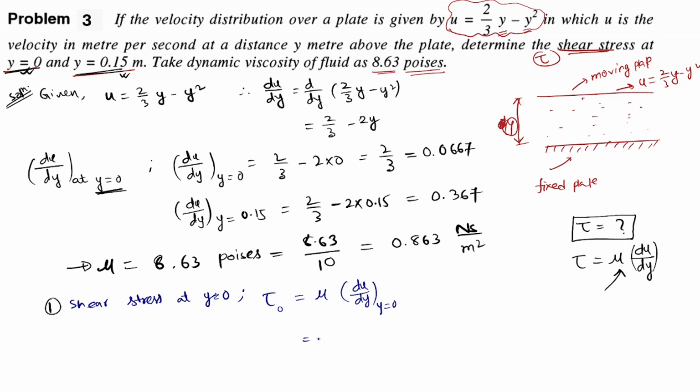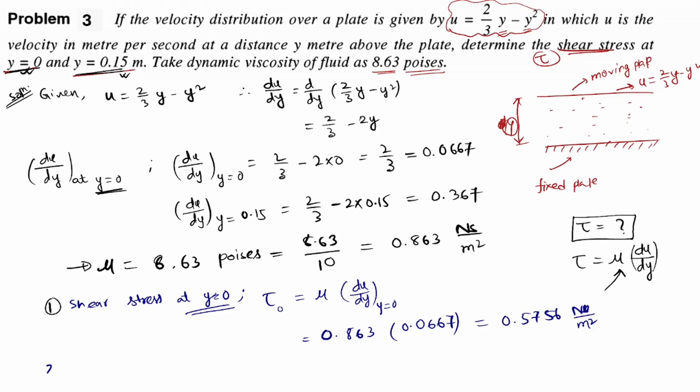Mu is given as 0.863 and du/dy is already calculated as 0.667 at y equal to 0, right? If you just calculate it, you will end up getting 0.5756 Newton per meter square. Newton per meter square will be the unit for your shear stress, as stress is equal to force upon area, with force in Newton and area in meter square. So already you are able to find the shear stress at y equal to 0.